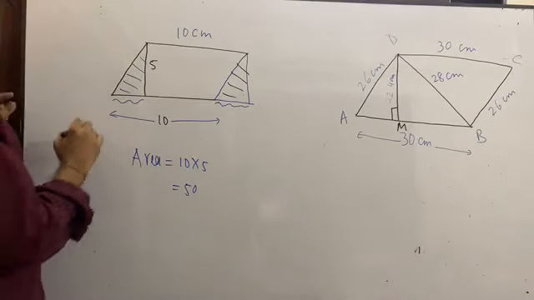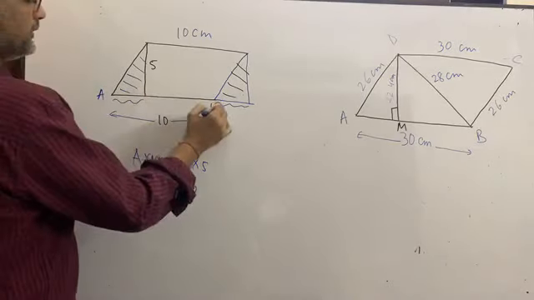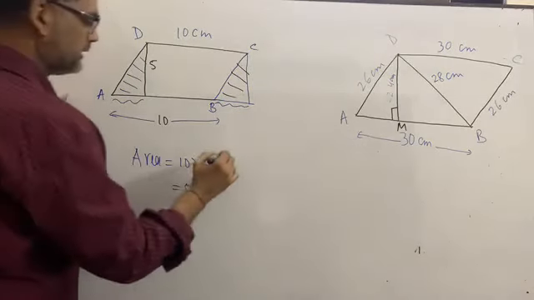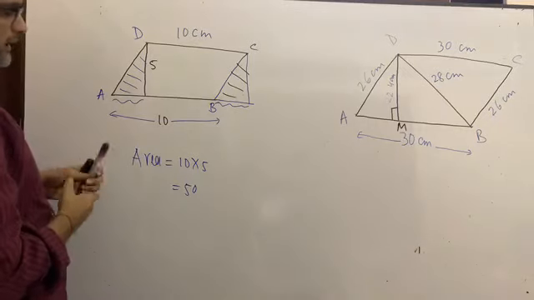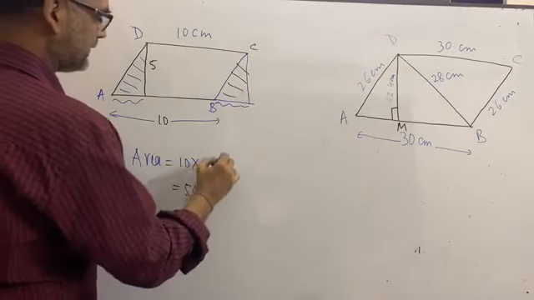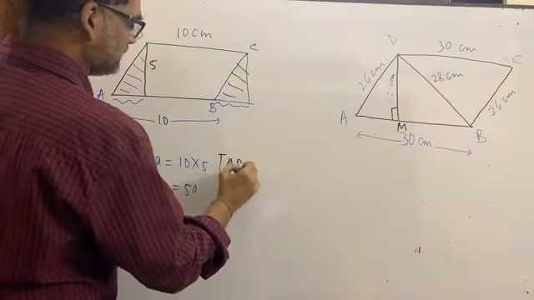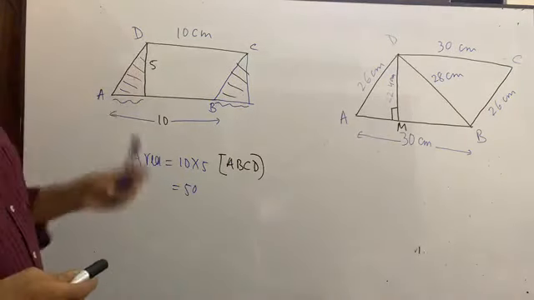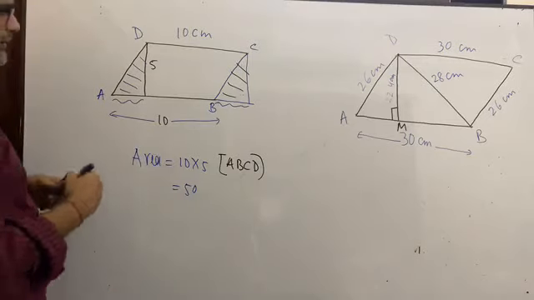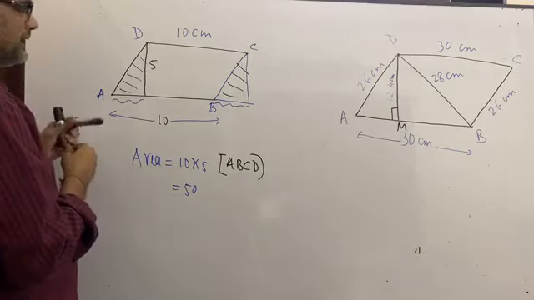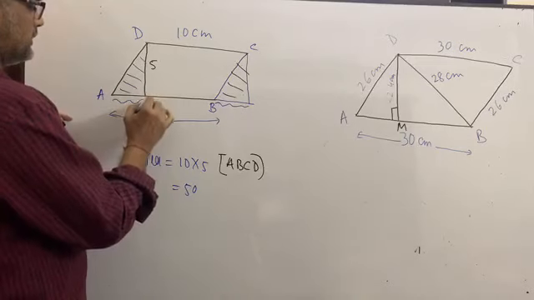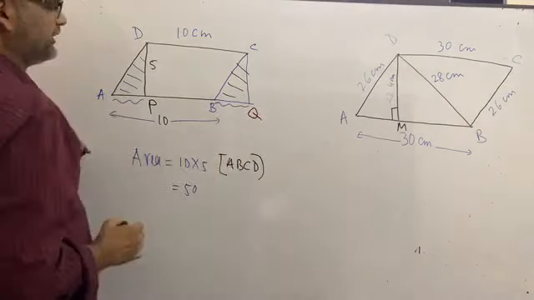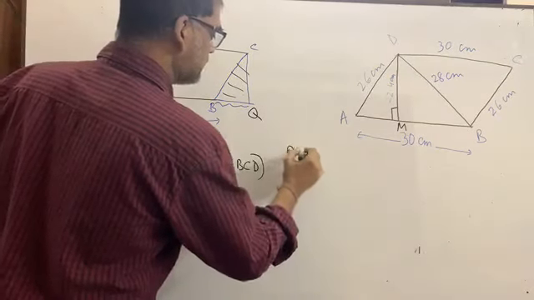Again, I am showing you A, B, C, D is a parallelogram. It is ABCD. The area of the parallelogram, it is ABCD. Please pay attention. Now, if I name it here like this, PQCD.